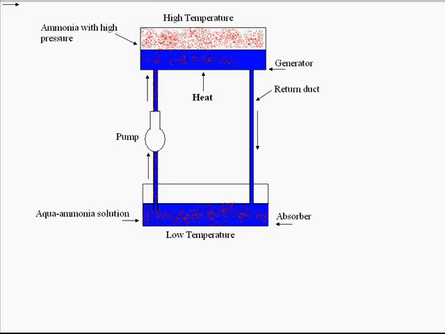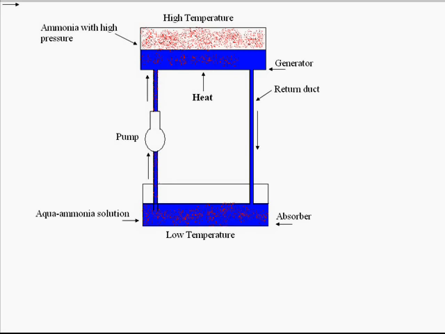What will happen? In the absorber, the ammonia was mixed with water and it was a strong solution. But in the generator, what is happening? Since the temperature is high, ammonia is being liberated out from water with high pressure. The water which is free from ammonia in the generator is returned to the absorber again with the help of a return duct.